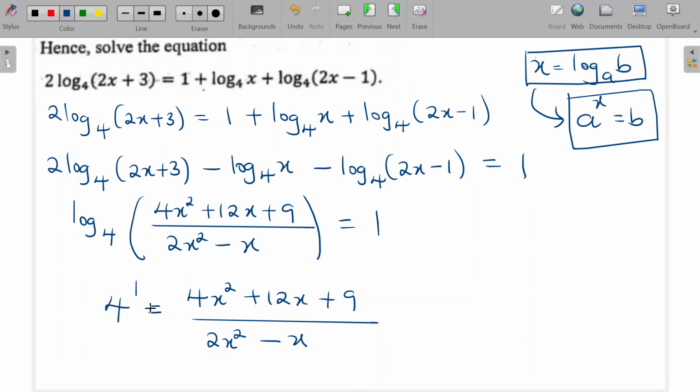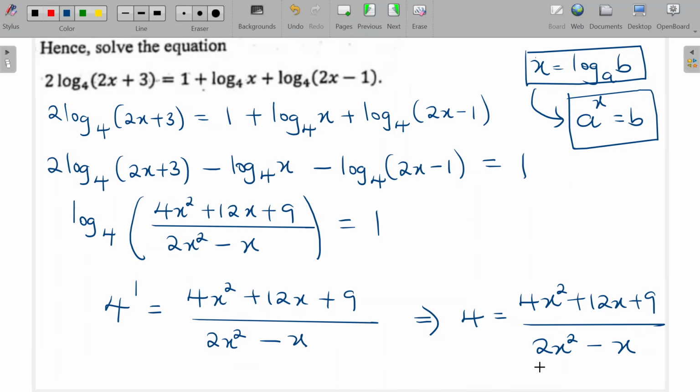Since we've expressed it in exponent form, this one is going to be 4. So 4 is equal to (4x squared plus 12x plus 9) over (2x squared minus x). I can cross multiply.